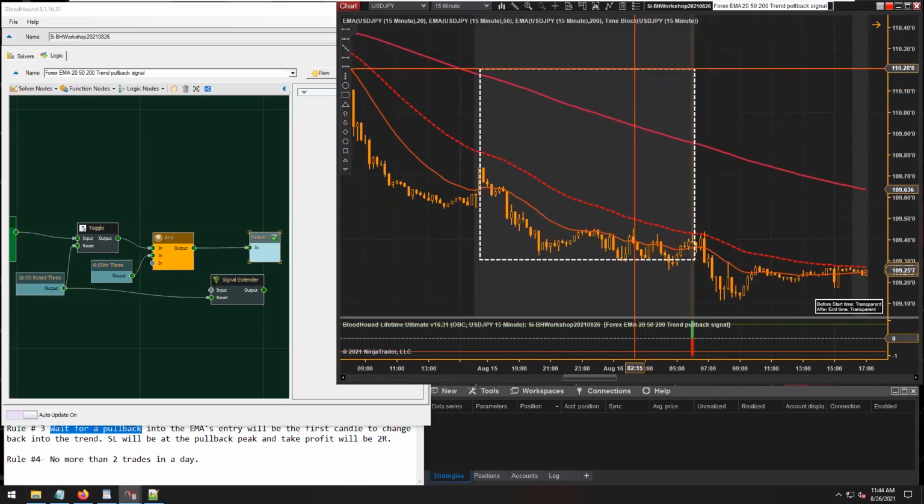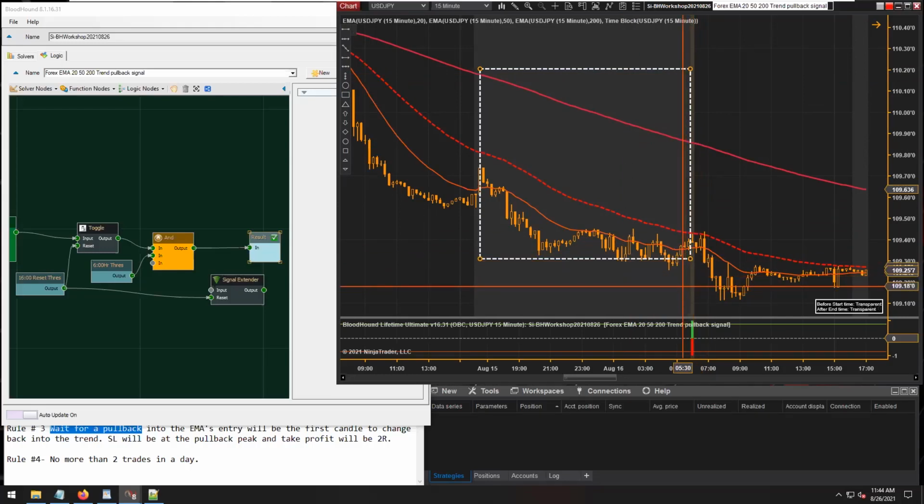So again, I used these rectangles to identify when there should be a signal, I've used these rectangles to identify when there's no crossover. And that's when we'll be looking for the pullback.